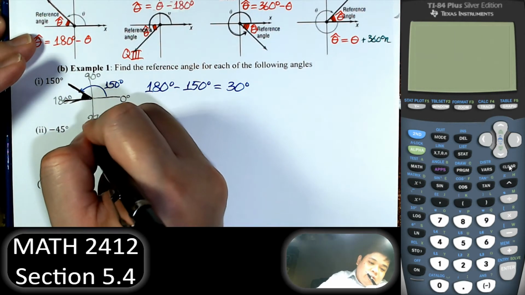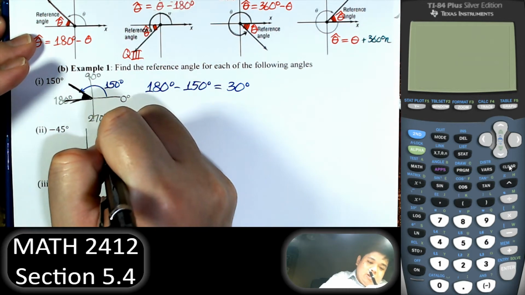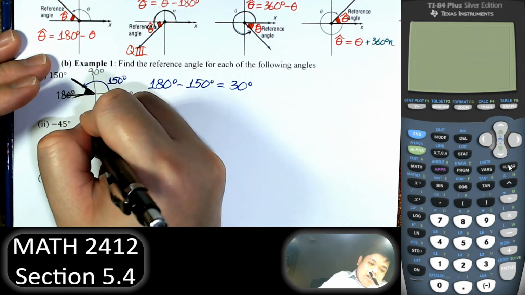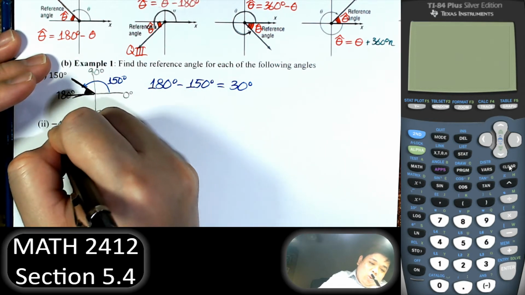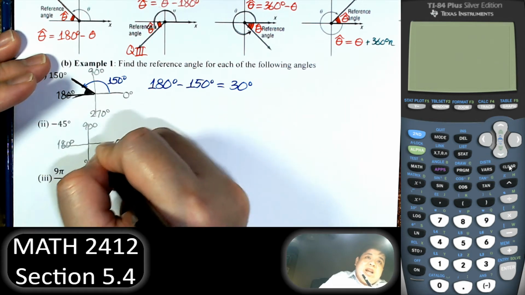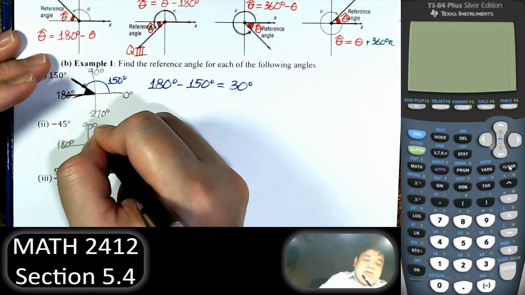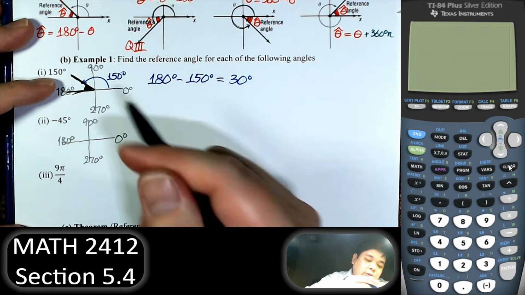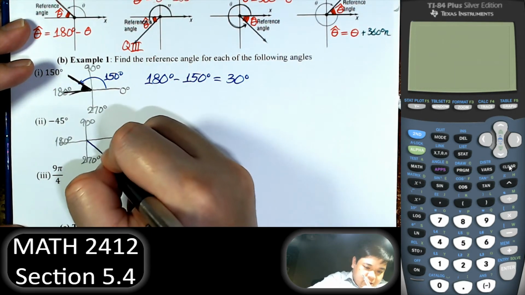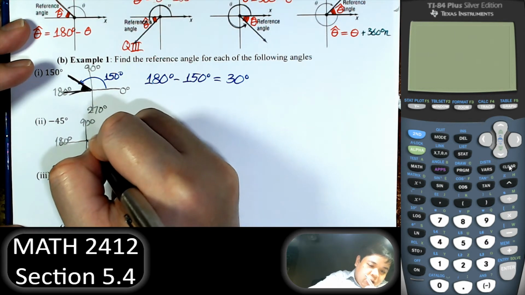Now negative 45 degrees. Of course we still have 0, 90, 180, 270. If we go clockwise, negative 90, negative 180, negative 270, and so on. So negative 45 degrees is clockwise.